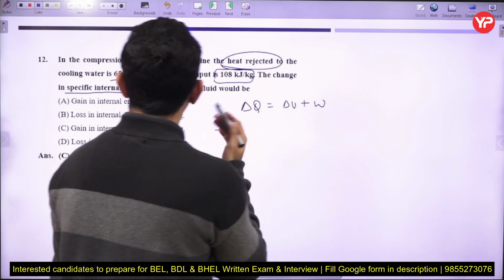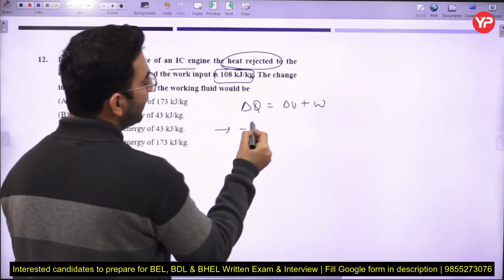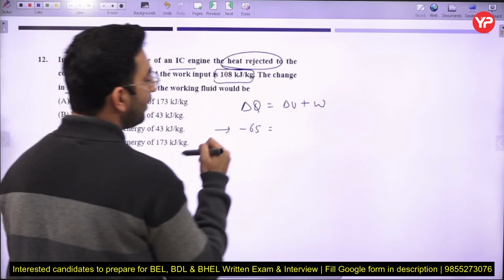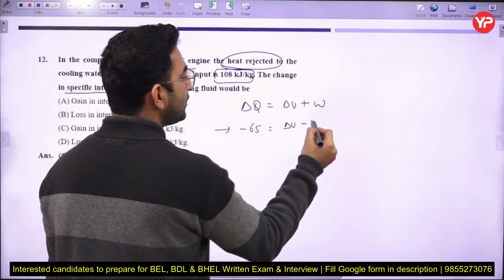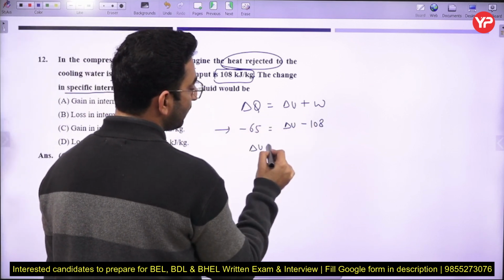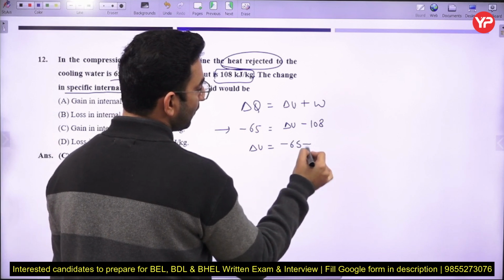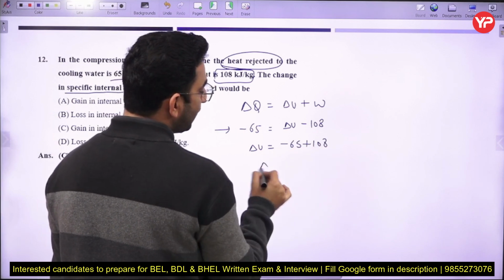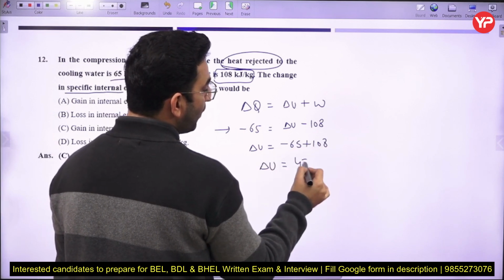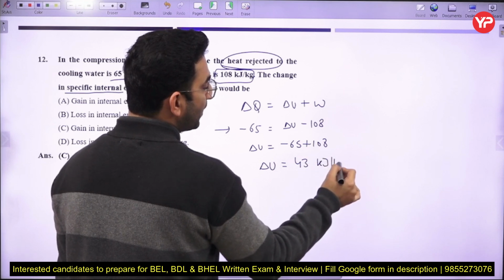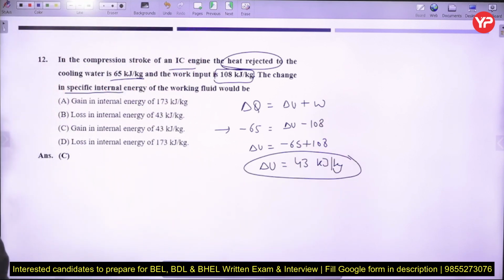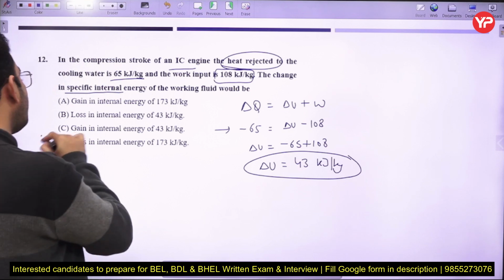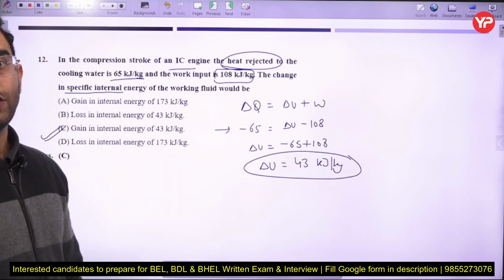You can see the heat is getting rejected from the system, that means it is minus 65 here, and the work input is given to you, that means minus 108. So we can say the value of the change in internal energy will come out to be around 43 kilojoule per kg here. Okay, and this value is coming out to be positive, that is representing that there will be a gain in internal energy of 43 kilojoule per kg.